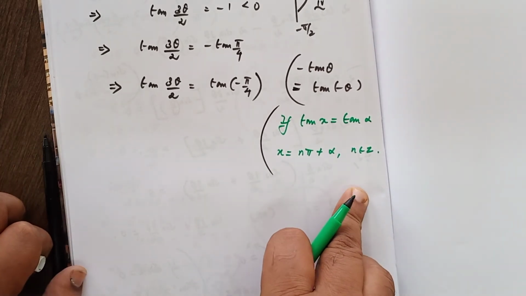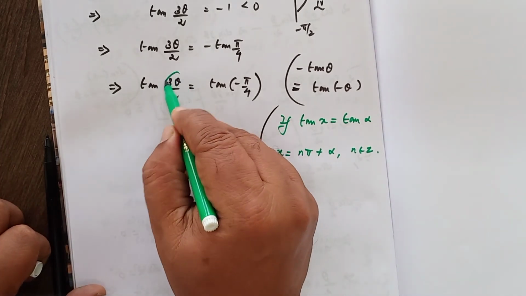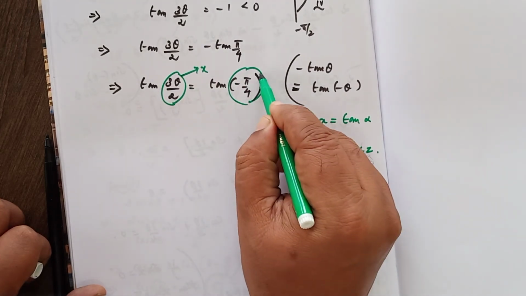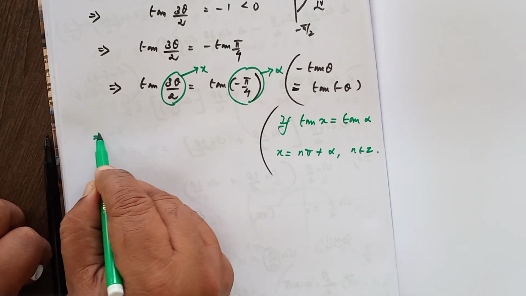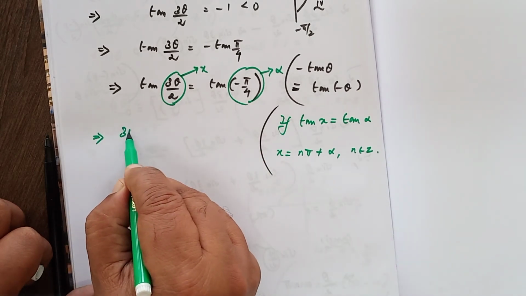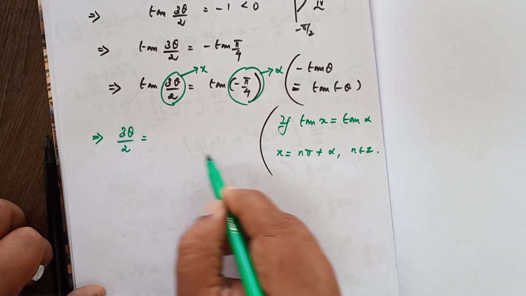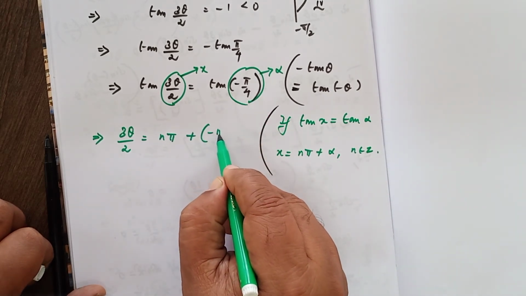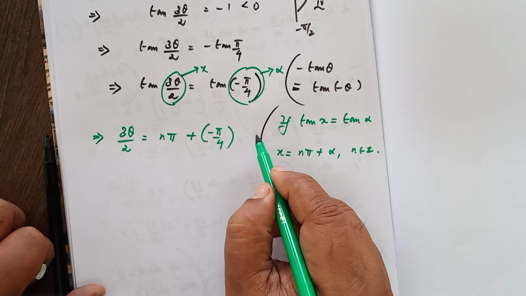That's the general solution. This is x. This one is alpha, which implies x that is 3 theta by 2 that is equal to n pi plus alpha that is minus pi by 4.